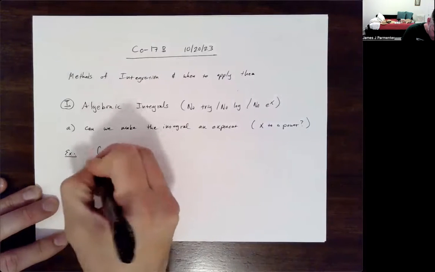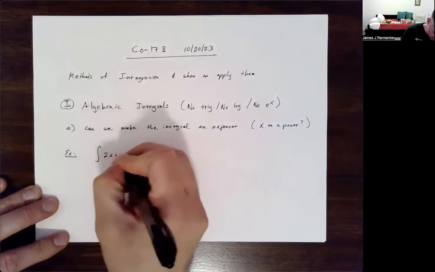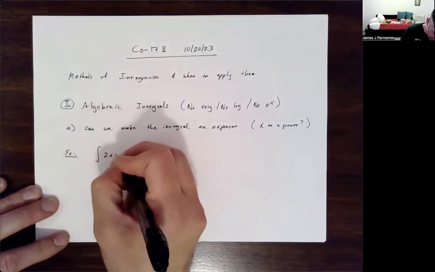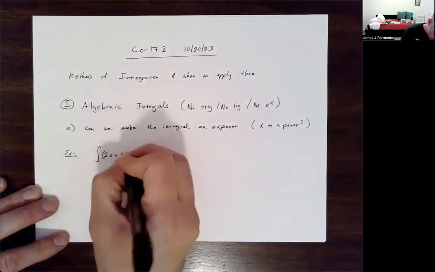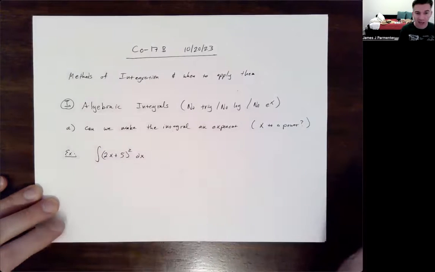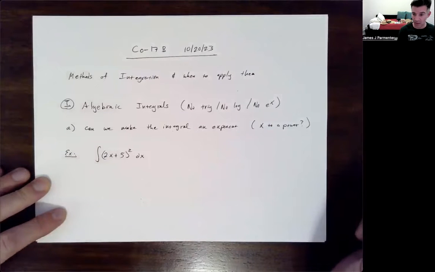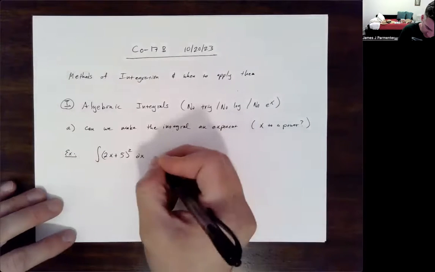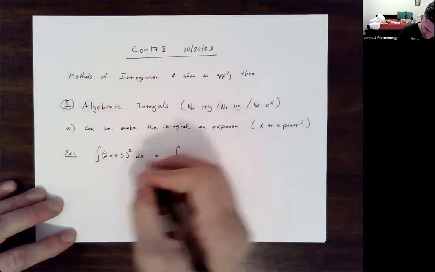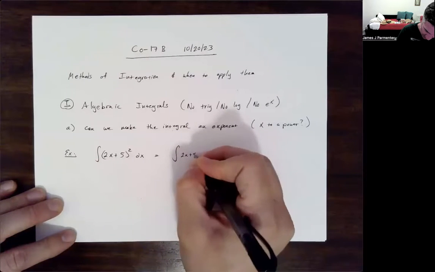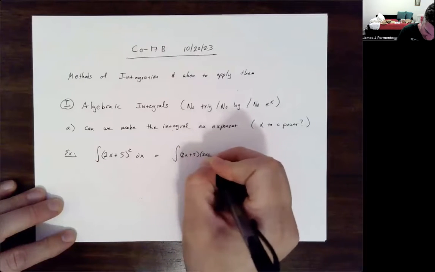For example, the integral of 2x plus 5 squared. Yeah, we could do a u-sub here, but this one's so small that we can multiply that pretty easily, so we should just write it as the integral of 2x plus 5 times 2x plus 5.